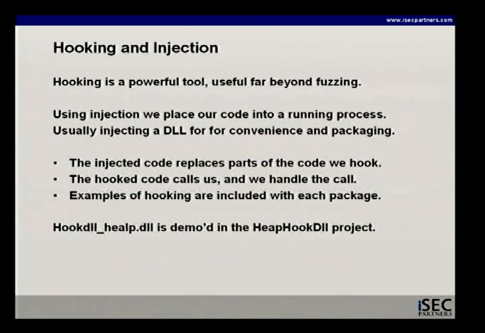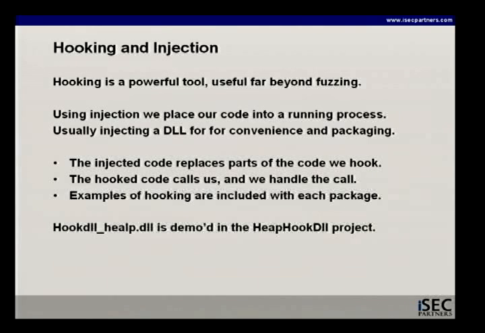So, hooking injection. It turns out hooking is much more powerful than just for fuzzing IPC. You can use it for all kinds of things. You can use it for HIDS. You can use it for making your own ghetto version of strace that filters the parameters of system calls. You can do lots of cool stuff with it. Usually when you build a hook, one of the things all those libraries do is package it into a DLL, and DLLs are just the Windows shared library scheme. When you package your code into a DLL, it's easy to load in and easy to unload.